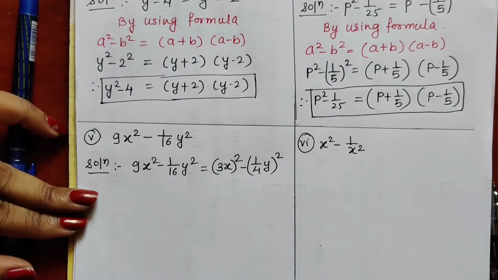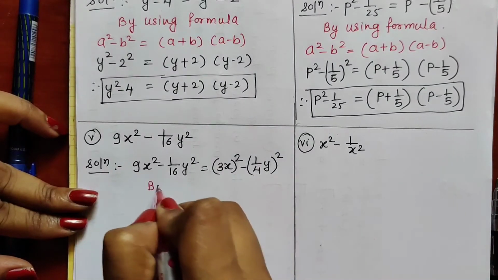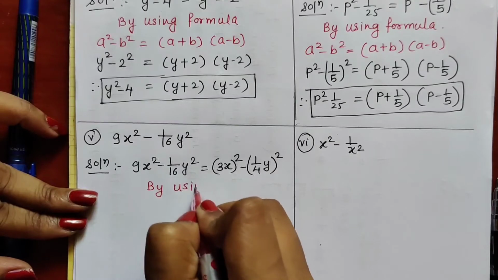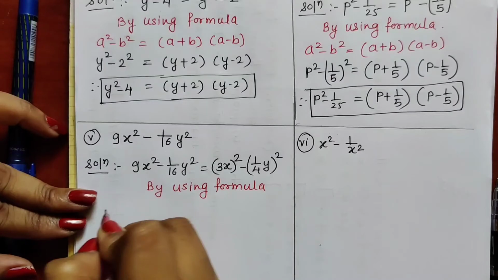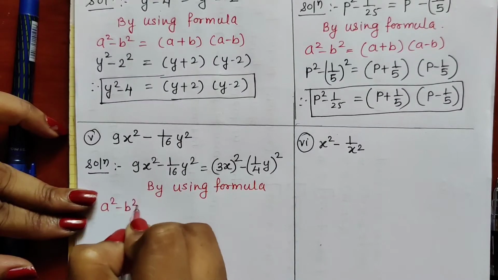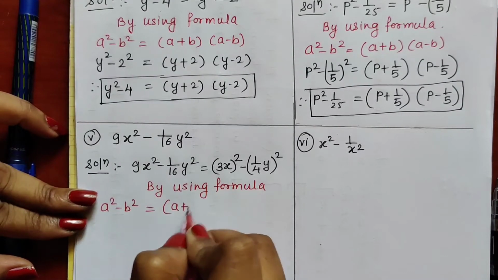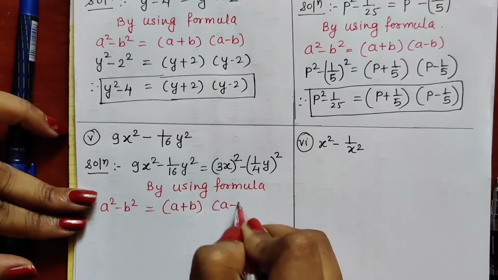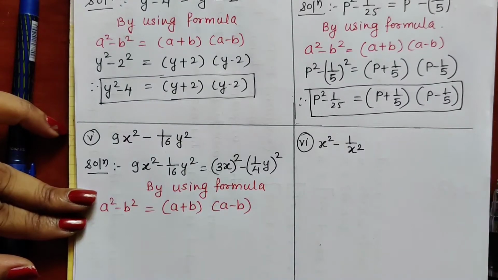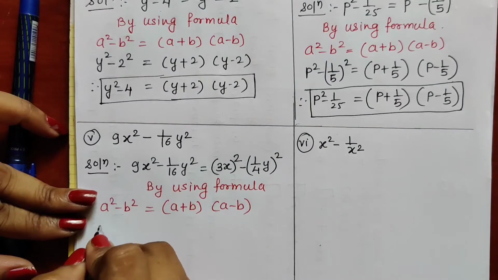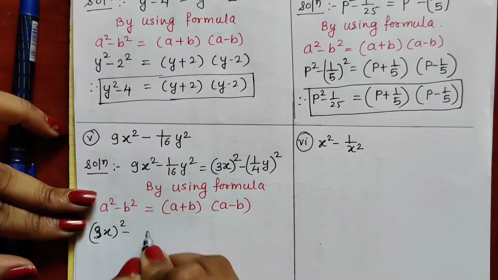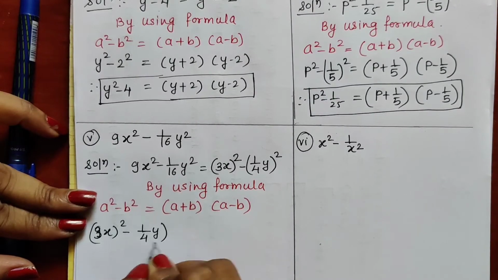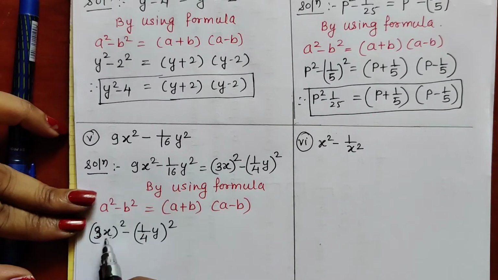Now we will write by using the formula. a square minus b square is equal to (a plus b)(a minus b). Now apply the formula. We write (3x) square minus (1 upon 4 y) square. Our a is 3x totally and b is 1 upon 4 y.